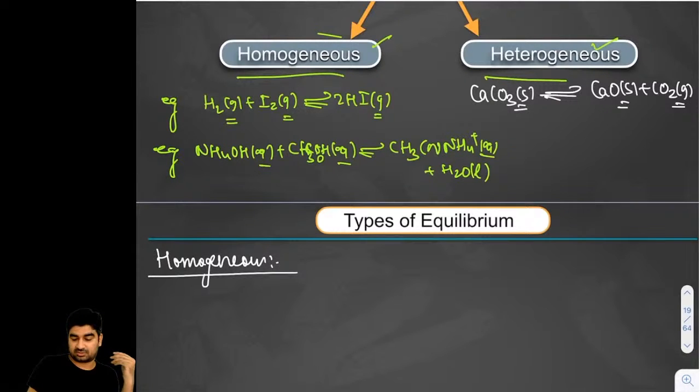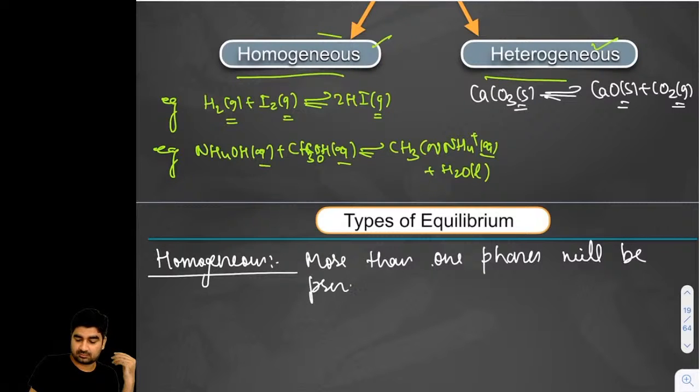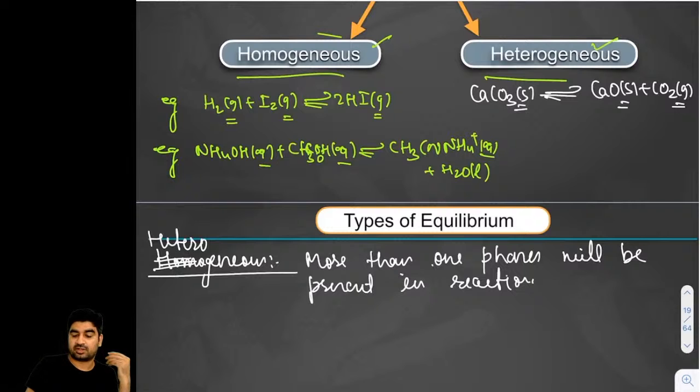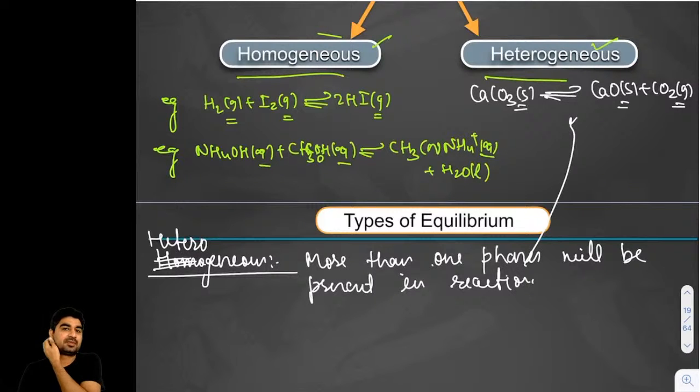Sorry, in heterogeneous, more than one phase will be present in the reaction. So you can take the example of it.